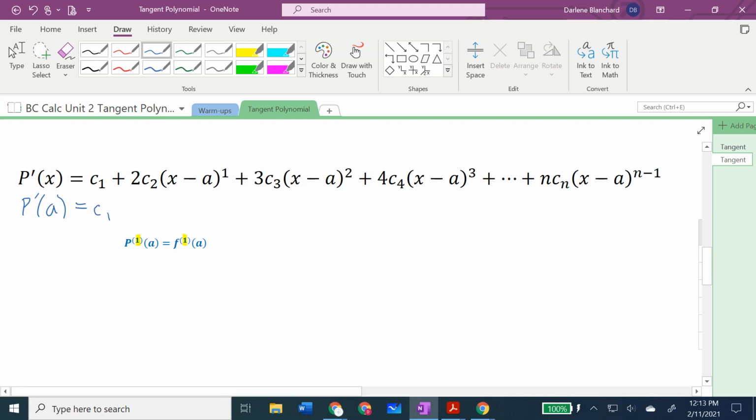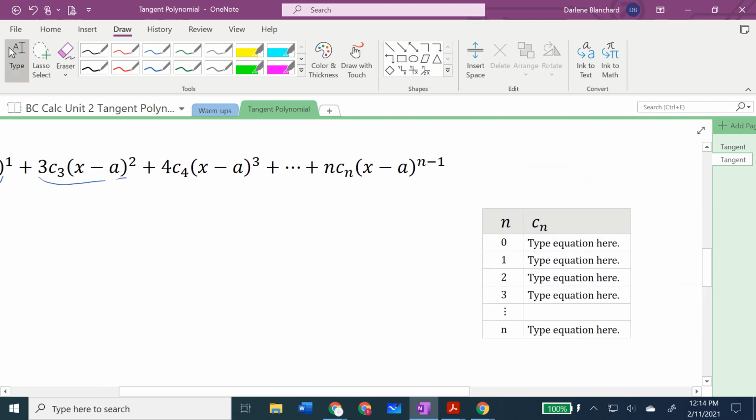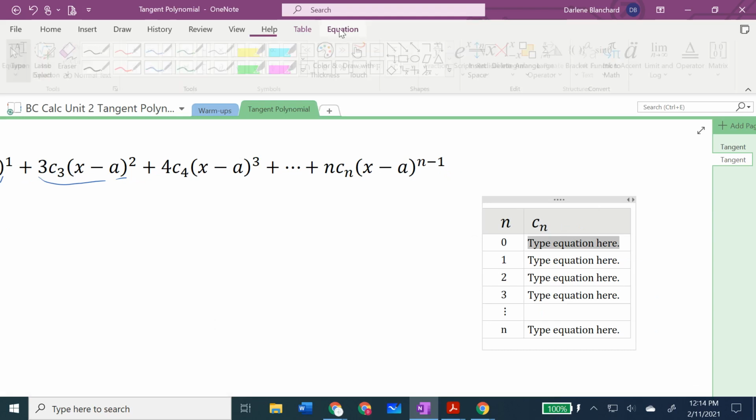If I plug a in, all of these terms are just 0. So I just get my constant C sub 1. And that must be equal to f prime of a. So I've got this ready to type stuff in, and I'm going to then move it around.